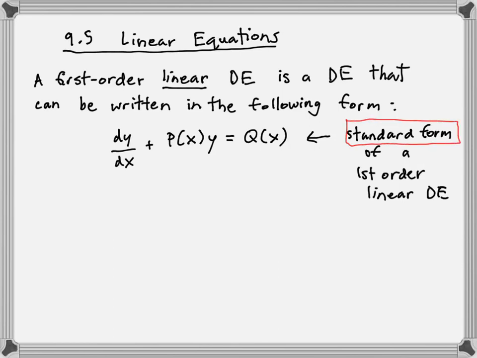Some characteristics we notice. The reason this is called linear is because the dy/dx and the y are both to the first power. Now, p of x and q of x are not necessarily linear.